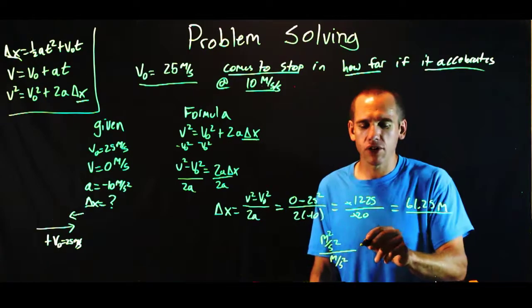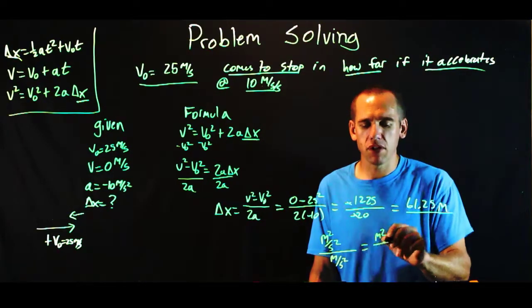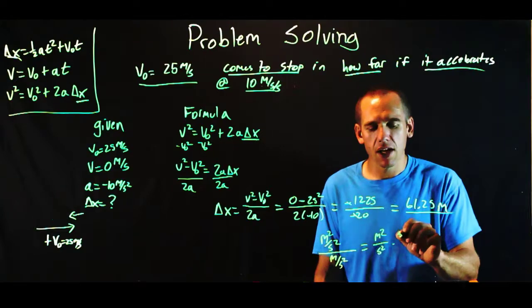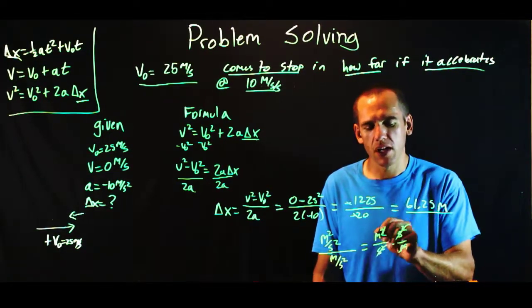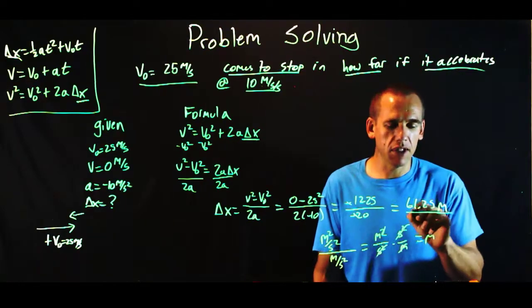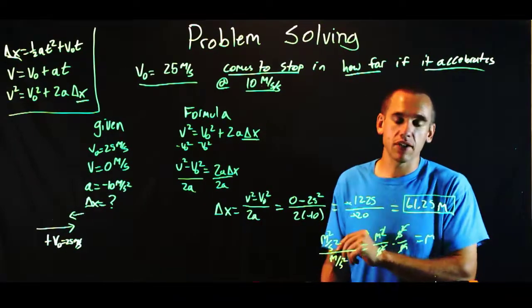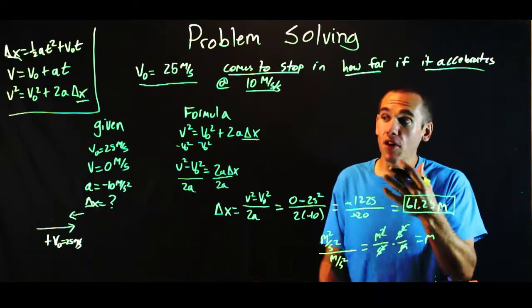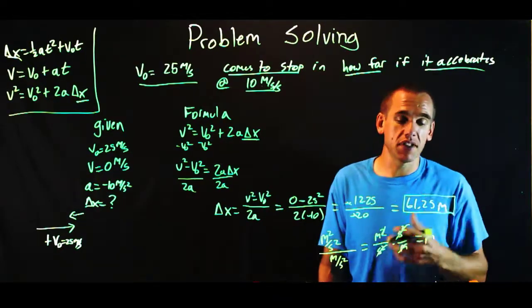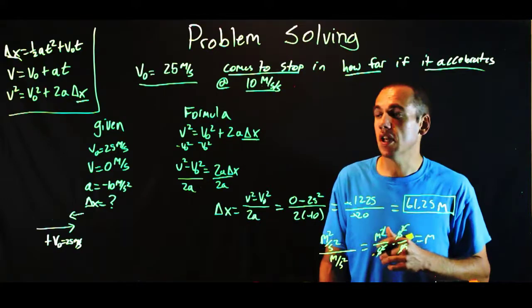When I divide fractions, remember that's invert and multiply, so I have meters squared per second squared times seconds squared per meter. My seconds squared cancels my seconds squared. One of those is gone, and so I am left with meters. So dimensionally it checks out as well, 61.25 meters. So we can figure out how far this thing went as it stopped. It went just over 61 meters.